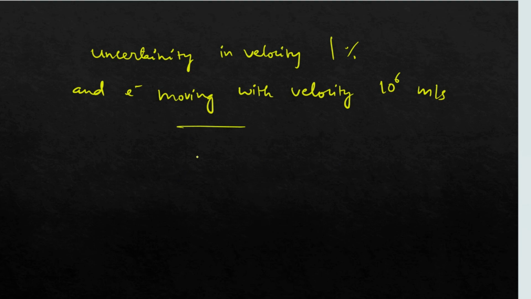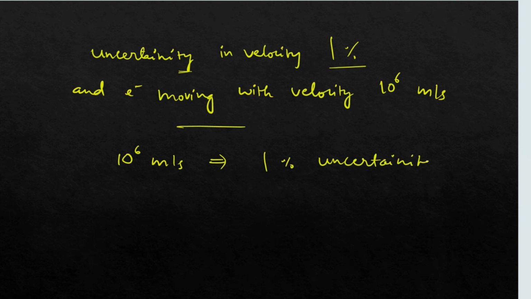It means in the 10 power 6 meters per second, 1% is the uncertainty. Uncertainty they gave in percentages. So in the value of 10 power 6 meters per second, 1% is the uncertainty. So calculate that 1%. Means you have to convert that percentage into the value.